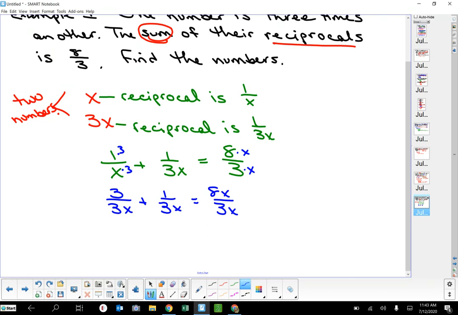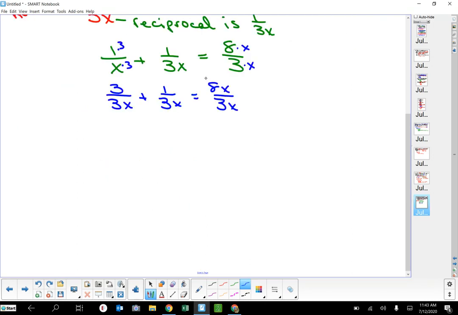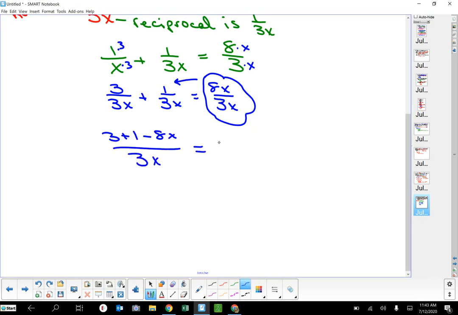I can then move this guy to the other side and write everything as one fraction, essentially. So I have 3 plus 1 minus 8x over 3x, and that's all equal to 0. Now I can multiply. Well, let's combine like terms first. So I have 4 minus 8x over 3x equals 0.